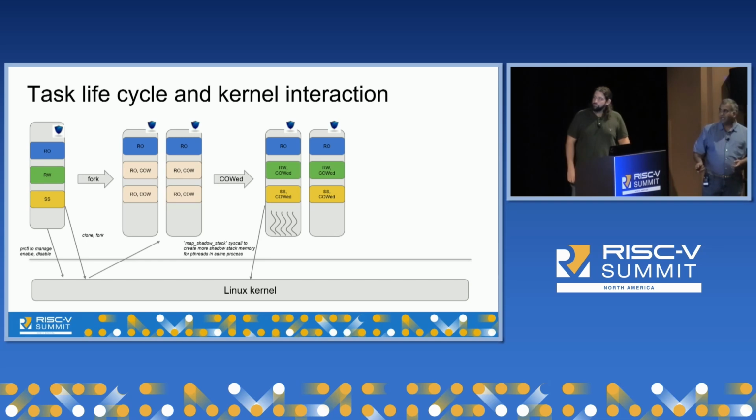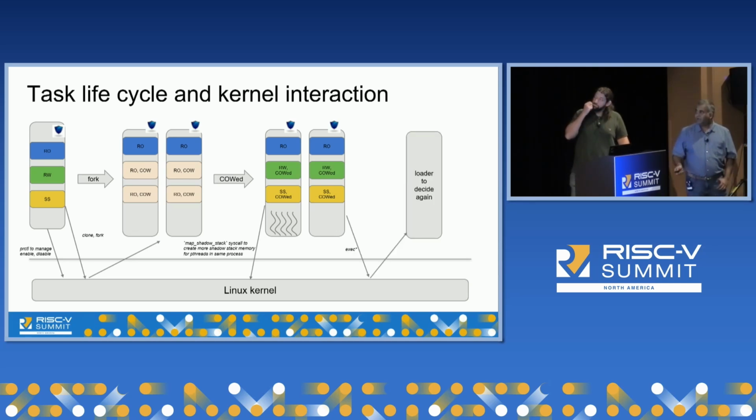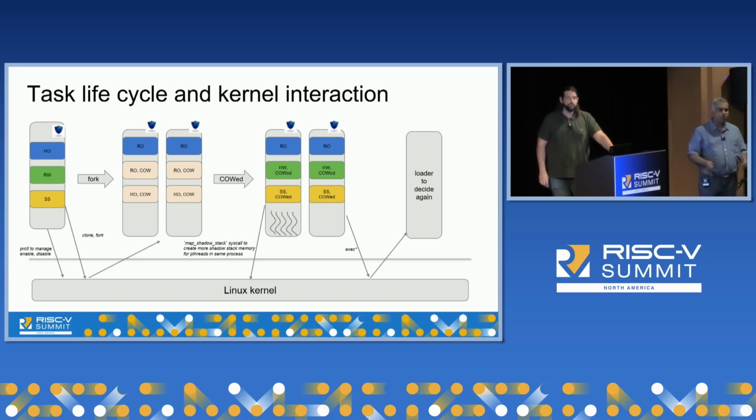The parent may create additional stacks, and so the kernel needs to provide a system call to create additional stacks, for instance, for threads in the process. And when you do an exec, now your parent's objects are all gone, you're going to load a new program into that process, and LD starts all over again and decides what should happen to this new process.